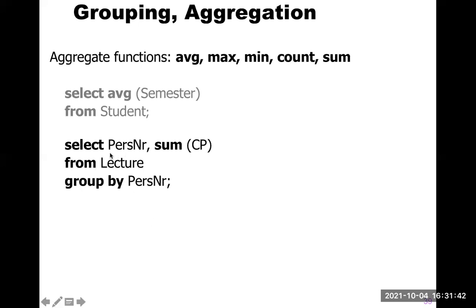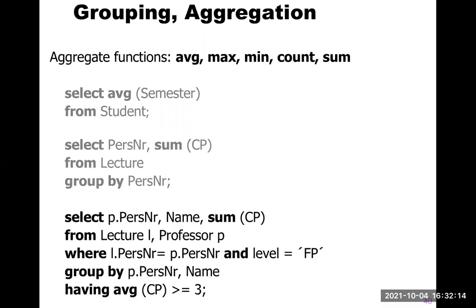All the information of each group is compressed in a single row. So that row may contain columns from the group by clause, so person may be output, as the group as a whole has just a single value for person, and everything else needs to be put into aggregation functions. So make just a single value for the whole group. Sum is a single value for the group. Minimum is a single value, and so on. And a group may be filtered using having.